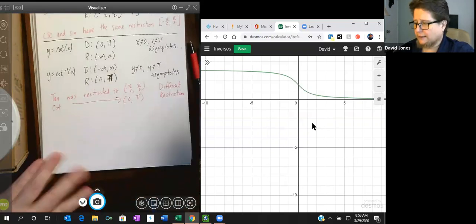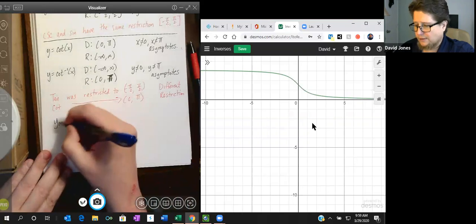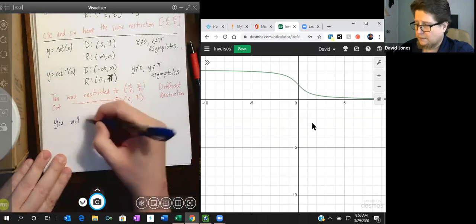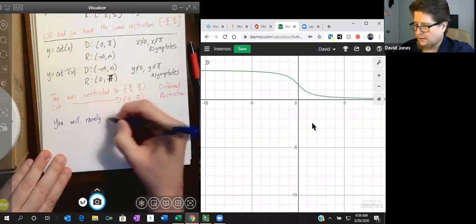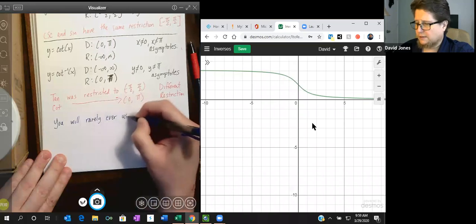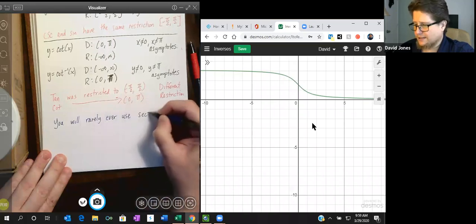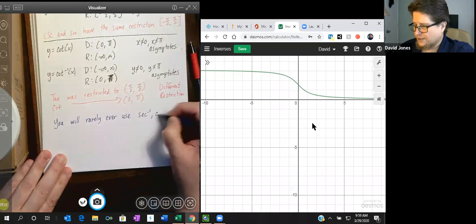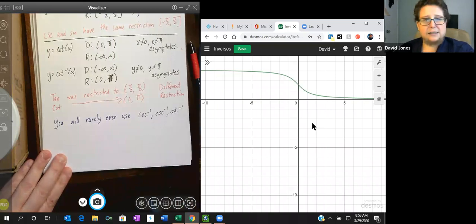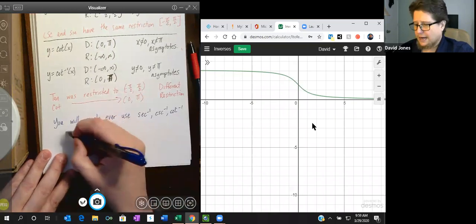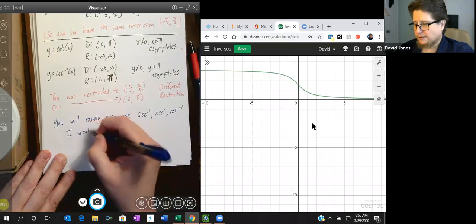You will rarely ever use secant inverse, cosecant inverse, cotangent inverse. So much so, I won't test you on those three.